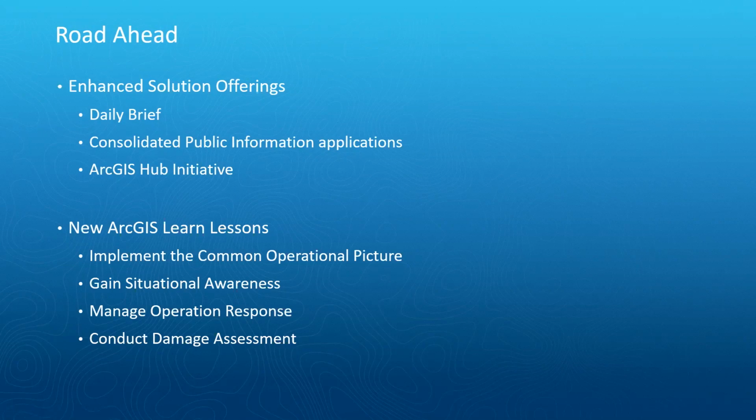Those are more at the user end of the applications rather than the implementation from a GIS analyst or GIS administrator point of view, as the first one is. So those last three will probably be a blog or a user story that we will use to communicate how to use those. It's more of a digital version instead of a readable workflow like you saw earlier. So those are some ideas about Learn lessons that we are working on as well.